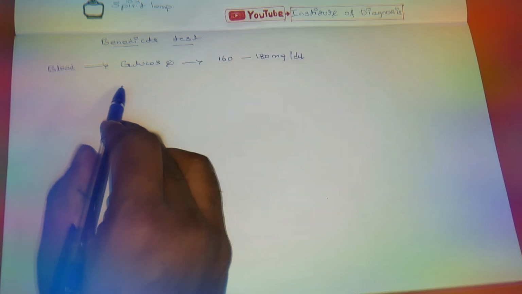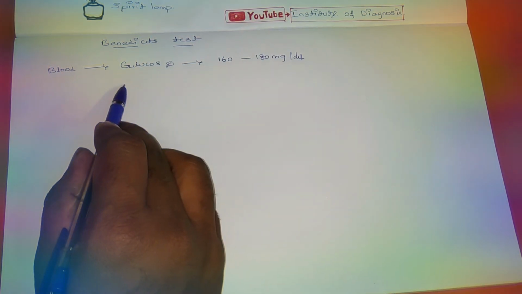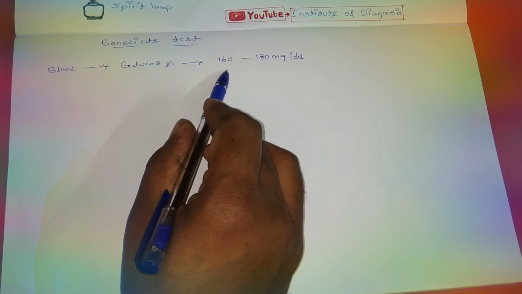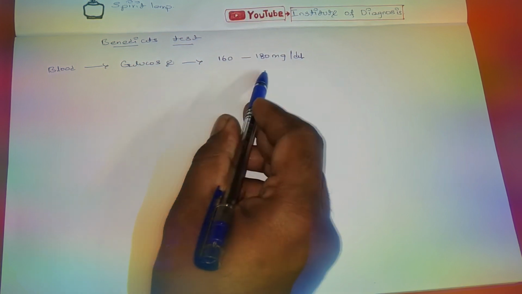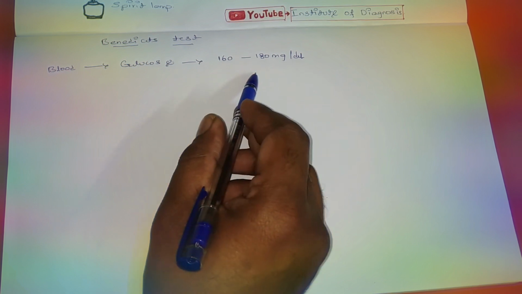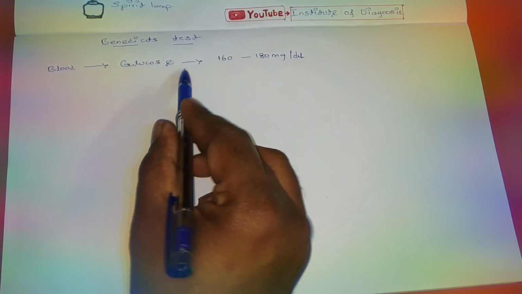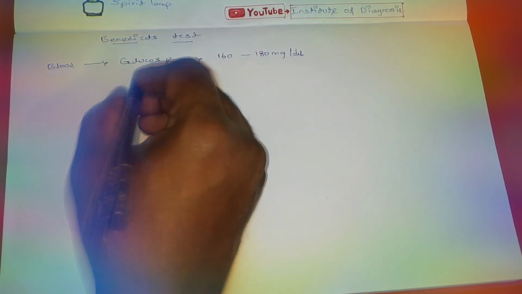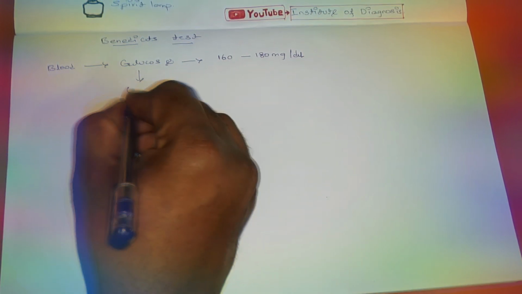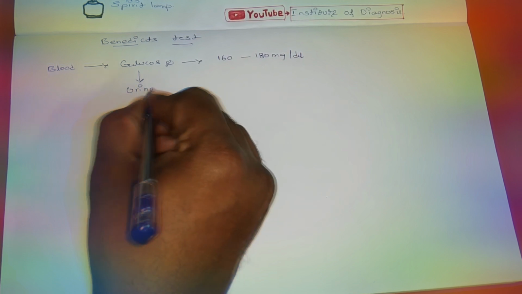The glucose is present inside the blood and it is not filtered by the kidneys until the glucose level inside the blood increases above 160 to 180 milligram per dl. When the glucose level rises above 160 or 180 milligram per dl, then this glucose is excreted in the urine.